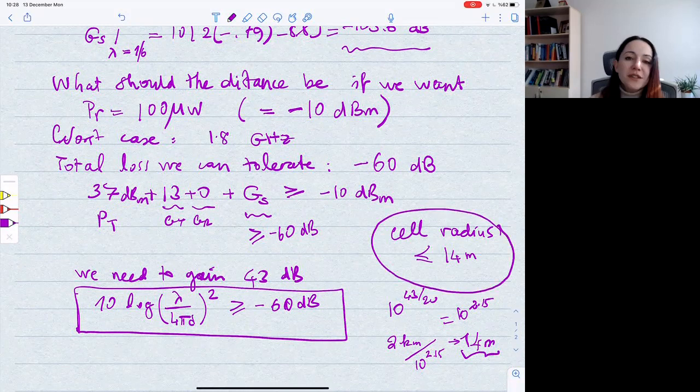Okay, so as you can see, we've switched from doing a lot of math to doing a lot of back of the envelope calculation when we are discussing issues of the link budget, which are quite fun.